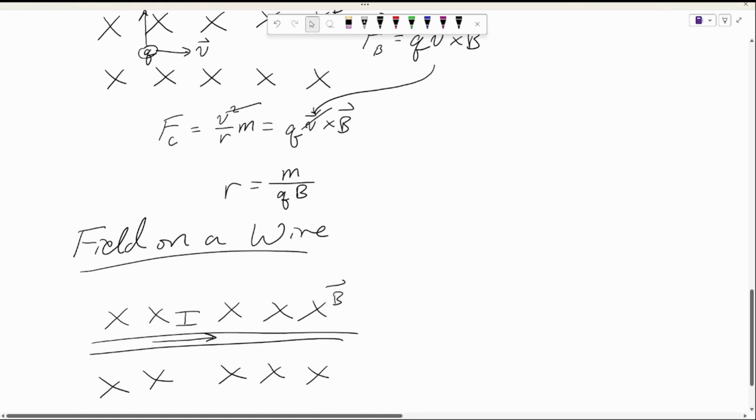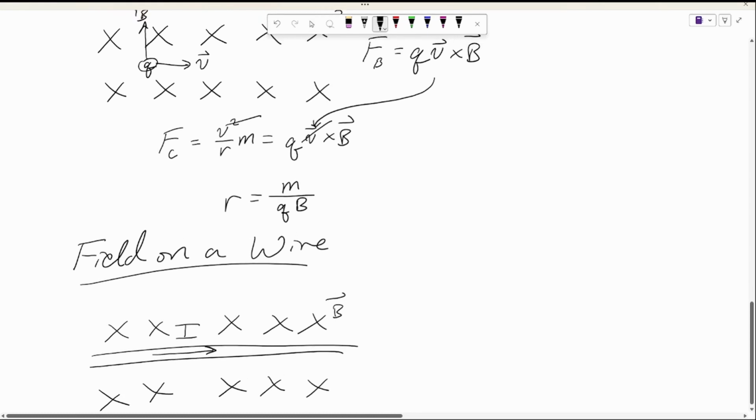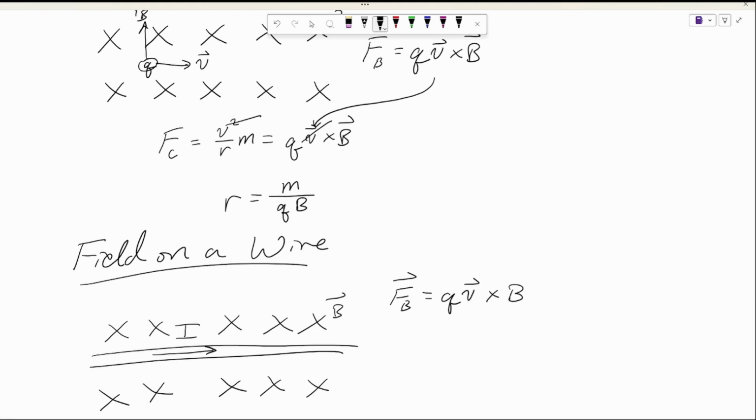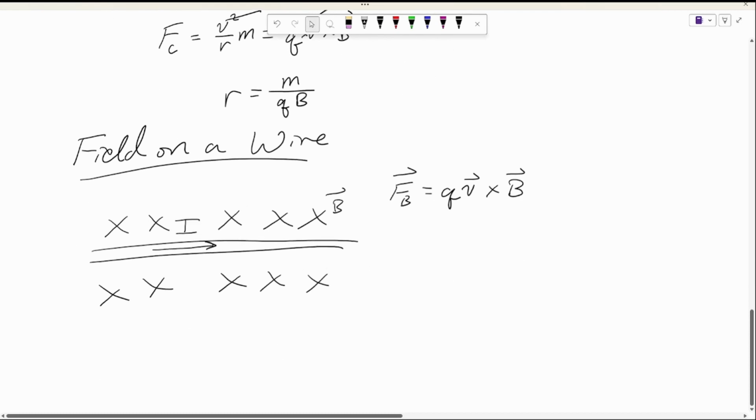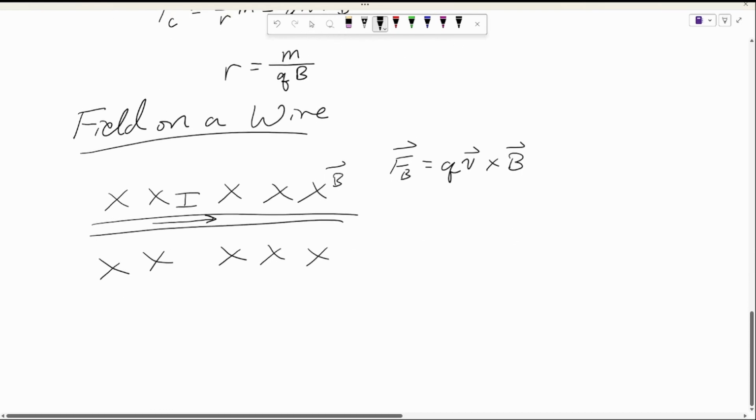We already know from above that F_B is equal to QV cross B. If we rearrange a little bit, this is the same thing as Q, we can call it L over t, cross B. I'll just ignore the vector stuff for now. We can worry about that later.